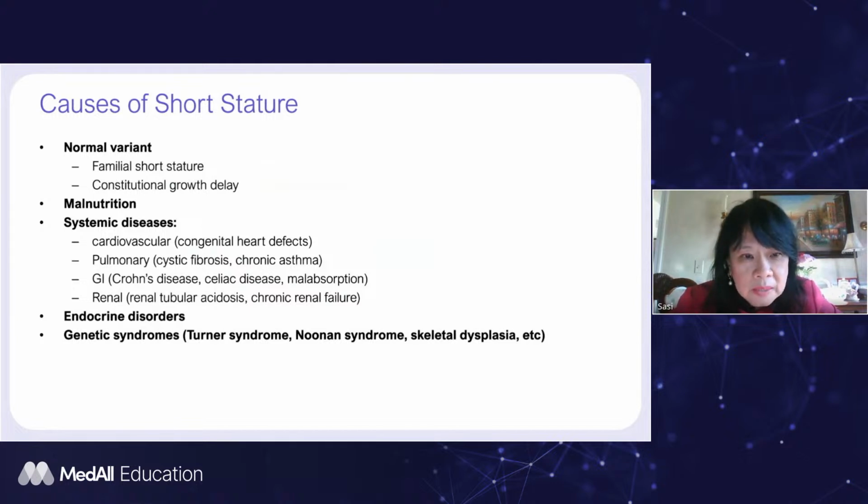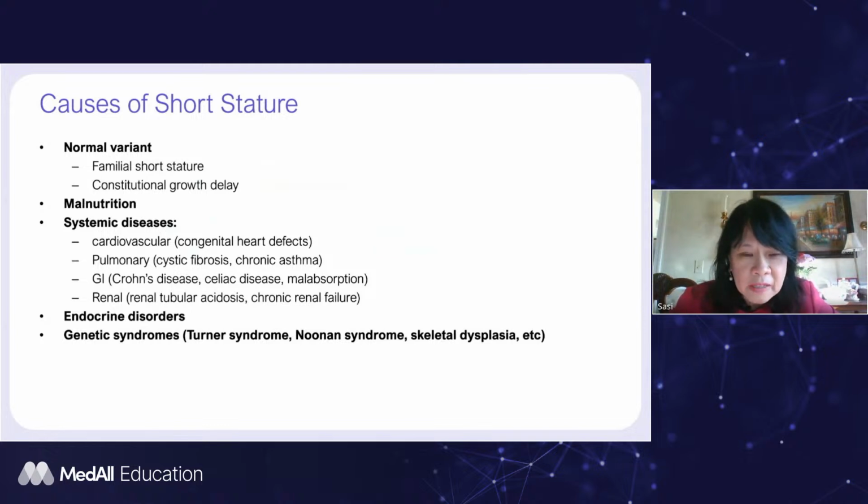And for renal causes, one of the subtle renal conditions is renal tubular acidosis. So we need to always check electrolytes, to make sure that we're not dealing with chronic metabolic acidosis. And kids with chronic renal failure can also have significant poor growth.